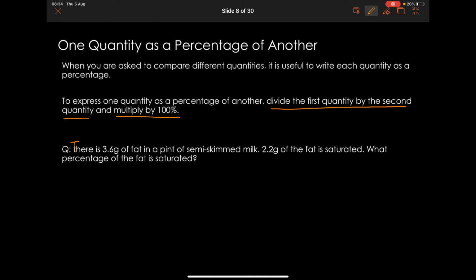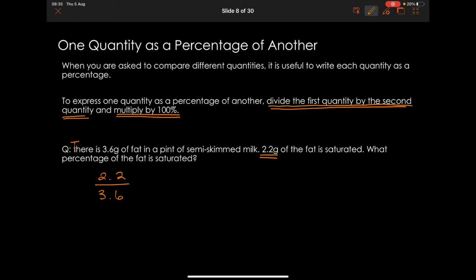So if we look at the description, we divide the first quantity by the second quantity and then multiply by 100. So what we do is we take our amount that is saturated, 2.2, and we divide it by the total.